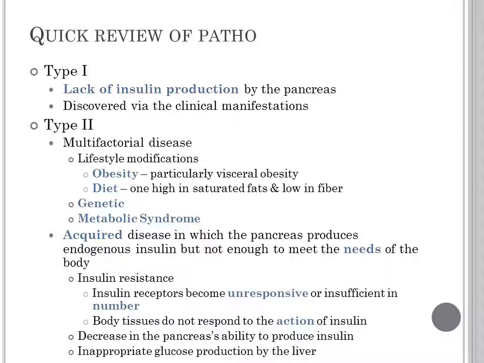This is caused by an autoimmune disorder, and it's typically diagnosed when people are quite young. What happens is the pancreas will function normally for a time, and then something triggers the immune system to attack the pancreas. That trigger is typically a virus, and from that point forward the immune system will look at the pancreas as a foreign organ, essentially.